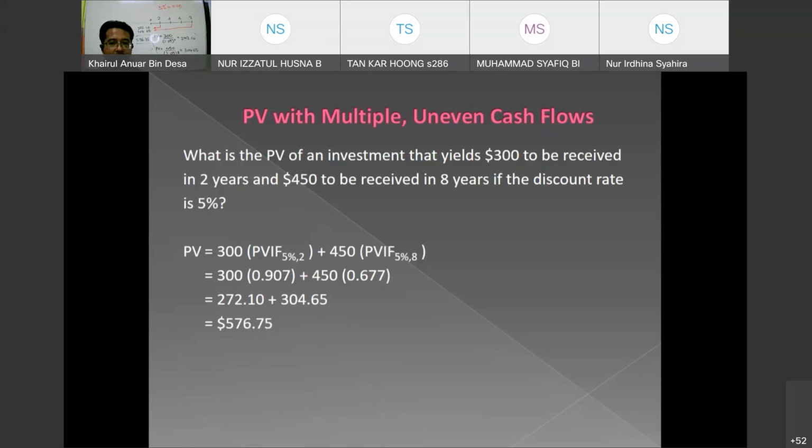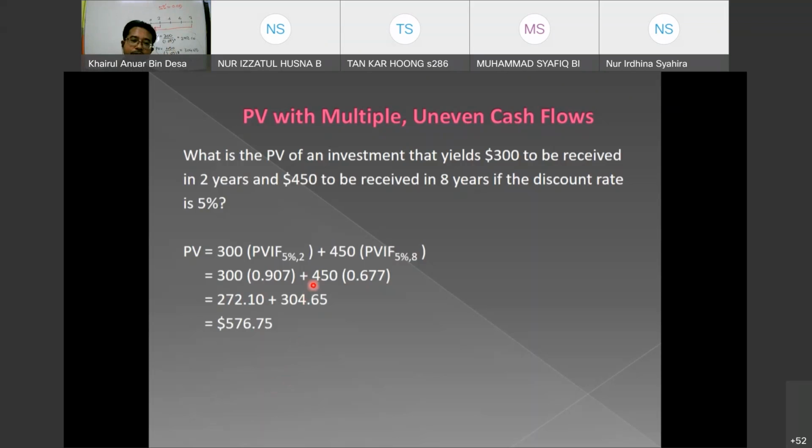Yang mana? 0.9070. Five percent 2 years.